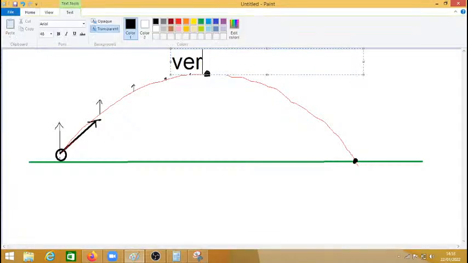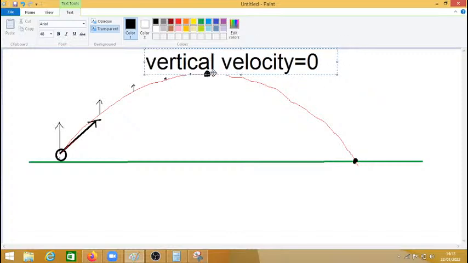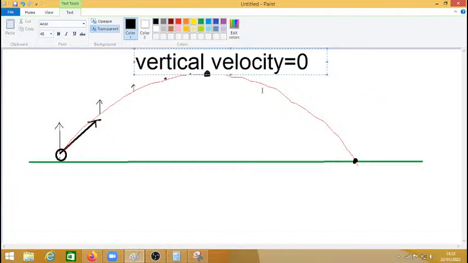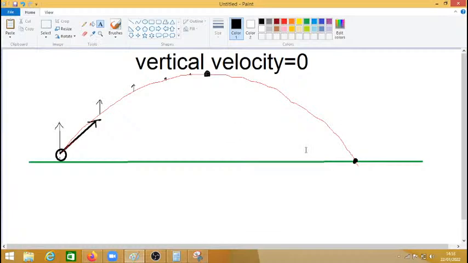So the vertical velocity is equal to zero. It's not going up anymore. That's the key to these kind of questions where you've got the ball going in this motion. How are you going to find anything about the distance or the time it takes? The key is to know that right in the middle, the vertical velocity is equal to zero. And then what else do we know?